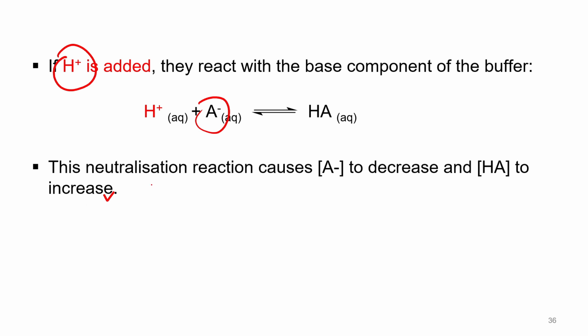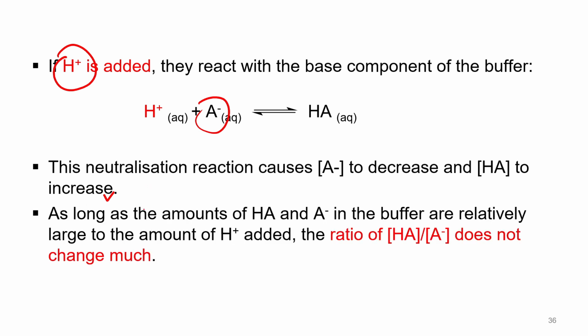Jadi concentration of HA akan increase as long as the amounts of HA and A minus in the buffer are relatively large to the amount of H plus added. Jadi the ratio of concentration HA over concentration of A minus does not change much. Jadi kalau tiada perubahan yang banyak, therefore the change in pH is very small.